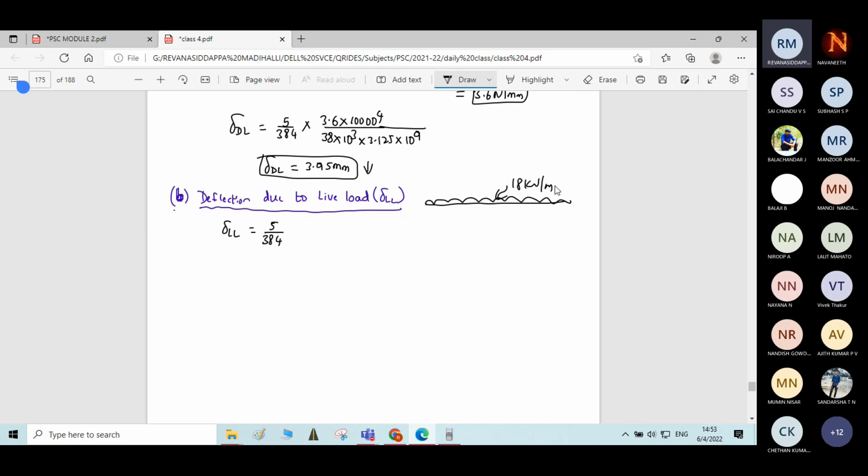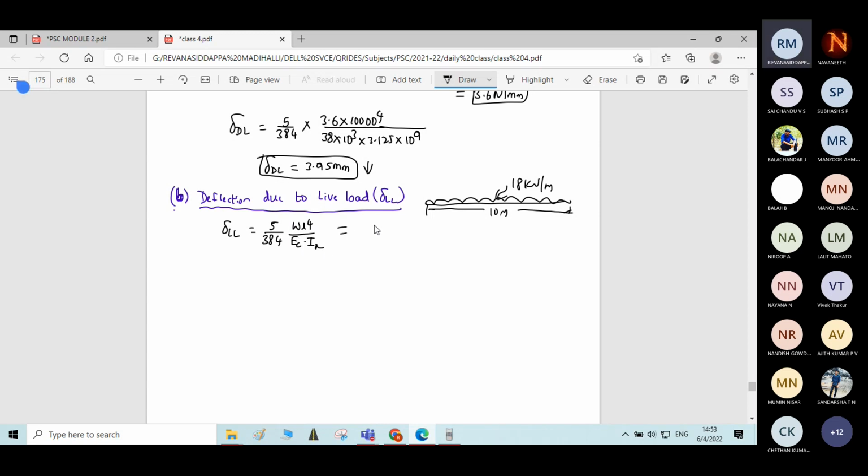Kilonewton per meter means 18 Newton per millimeter. Span is 10 meter. So for a beam carrying UDL, deflection due to live load is 5 by 384 WL raised to 4 by EC into IX only. Same formula.